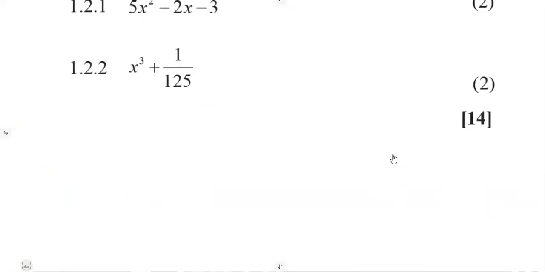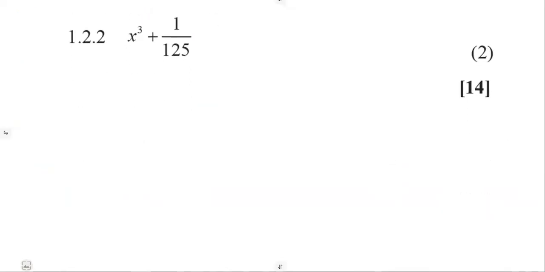All right, 1.22, we are given again to factorize. What are we factorizing here? Sum of two cubes. Remember, if we are dealing with sum of two cubes, we talked about this as a class.